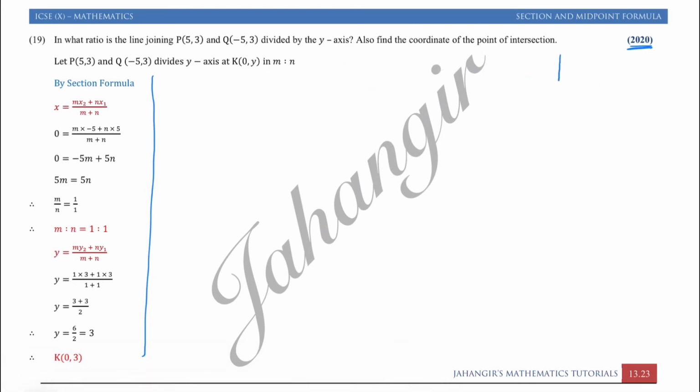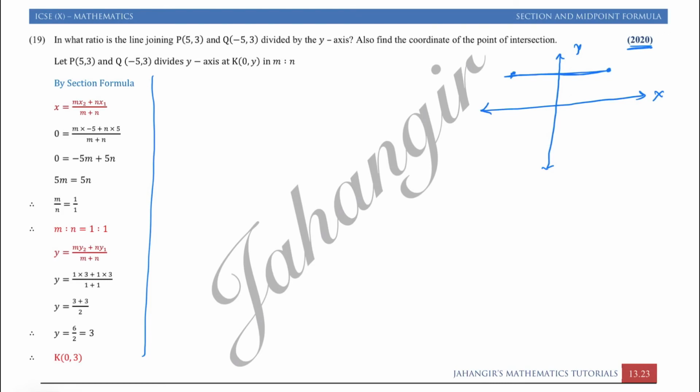So let us make the coordinate axis. This is the y-axis, this is the x-axis. 5,3 is somewhere here, and minus 5,3 is somewhere here. It's on the same line. It's like this.